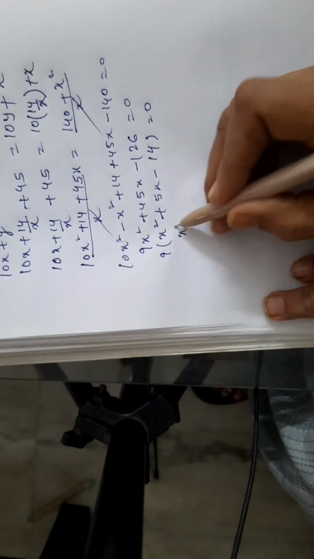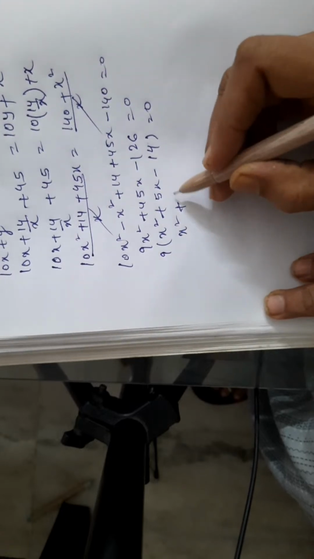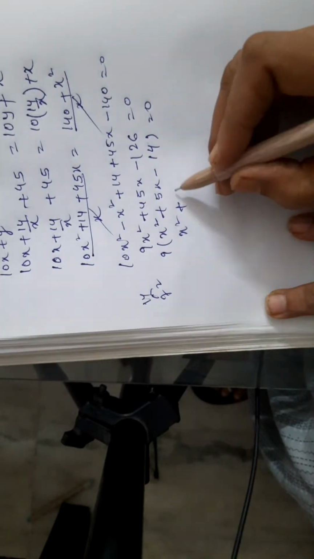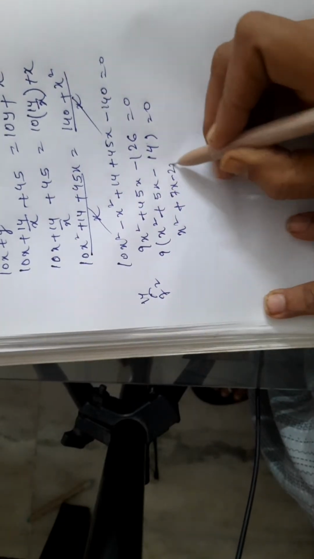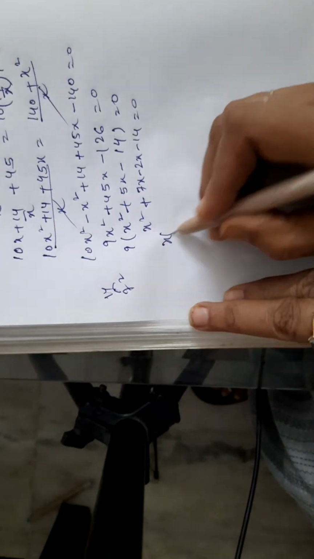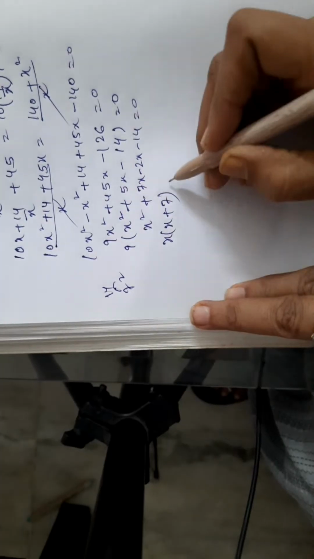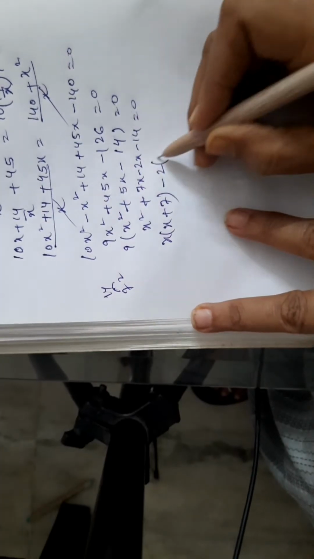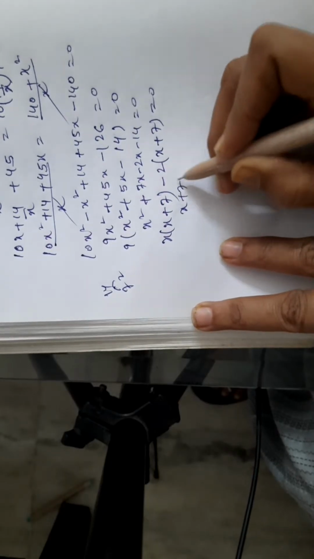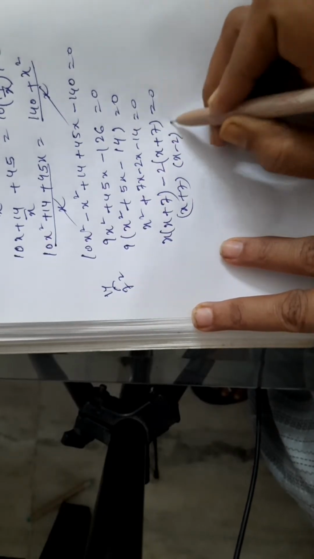So here finding the factors, 5, 7 twos are 14, 7 minus 2 is 5. So it's x square plus 7x minus 2x minus 14 is equal to 0. x taken common, so x plus 7 is one of the factors. Now 2 is taken common. So x plus 7 and x minus 2 are the final answer.